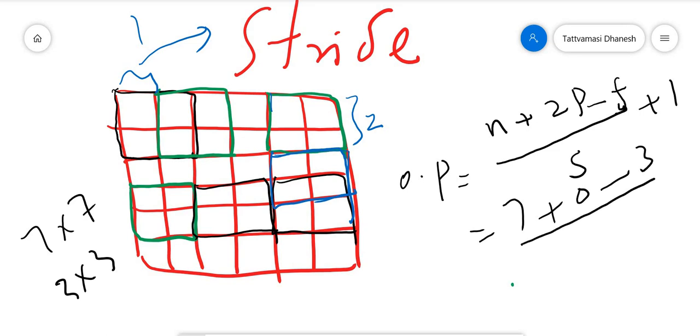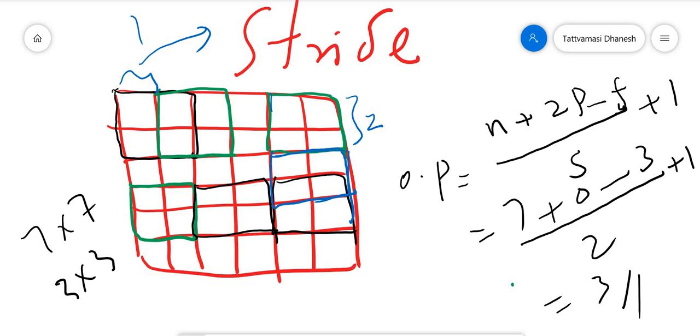And I am taking a stride of 2, then the output will be (7 minus 3) divided by 2, which is 4 by 2, which is 2, plus 1, so the output will be 3 by 3. When the stride is 2, the output map will shrink more. So this is the output.